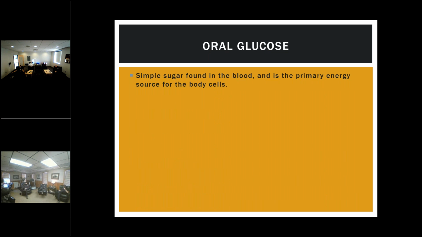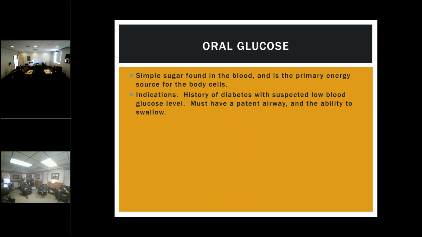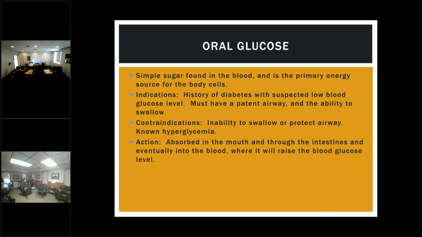Oral glucose, simple sugar complex. It's going to increase the availability of sugar within the bloodstream. Indications are hypoglycemic patients. Contraindications: make sure that they are at least alert enough to protect their own airway and also follow commands.